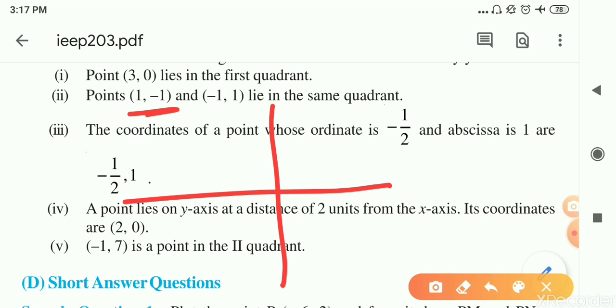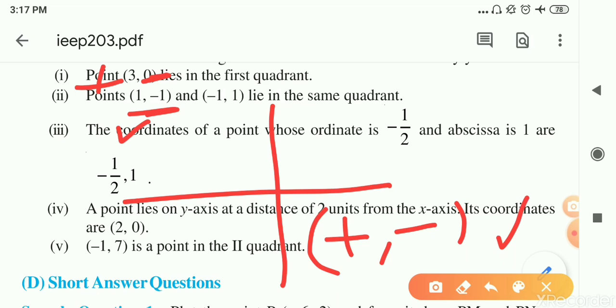According to the first coordinate, (1, -1), it should lie in the fourth quadrant, as the signs of the fourth quadrant are plus and minus. Also you can see the abscissa is plus and the ordinate is minus, so it is lying in the fourth quadrant.